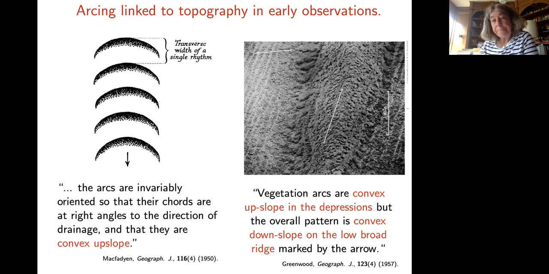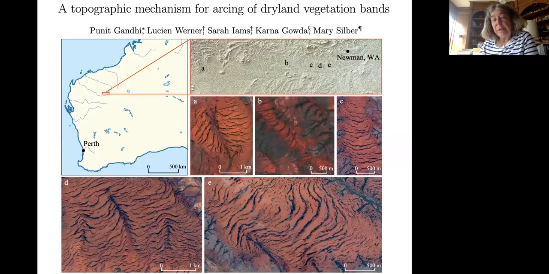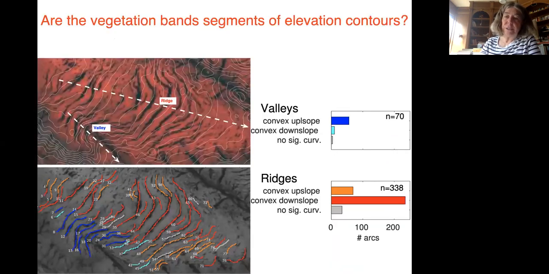curvature. And so we ended up looking at 3 different locations, not just in the Horn of Africa, but also in Australia and in Texas, each of which has different aridity levels, and looking at the arcing of the bands and trying to determine whether the vegetation bands are following contours of elevation or not.